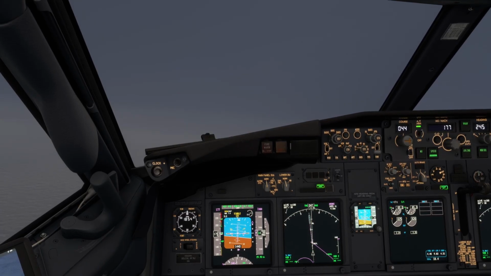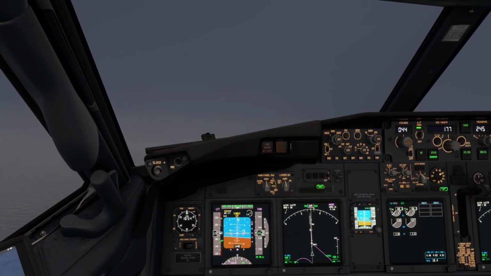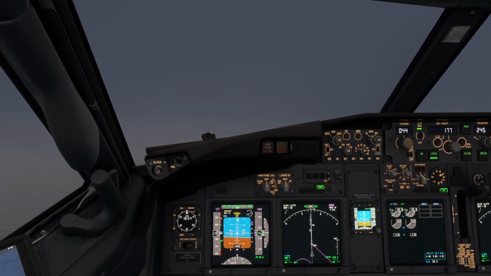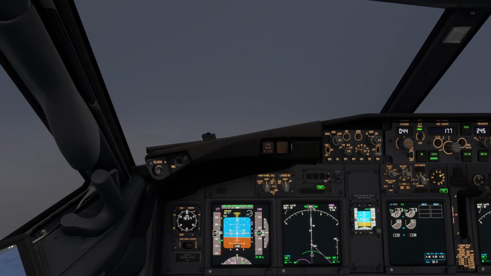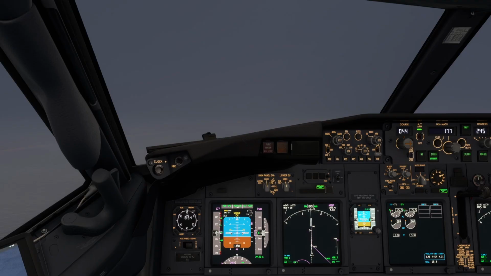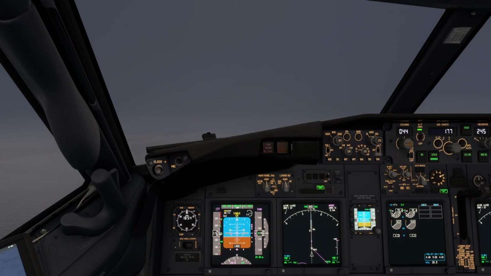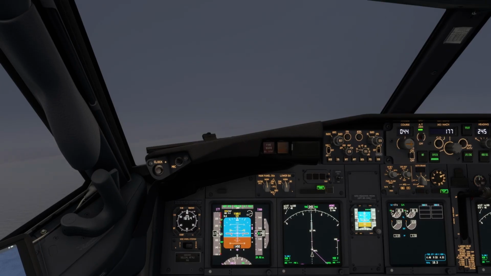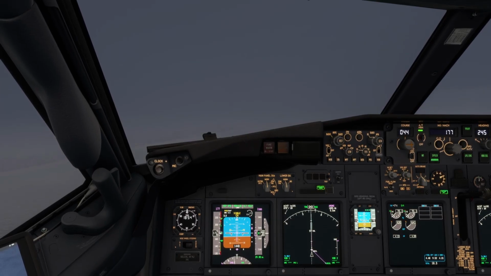This is considered a Category 1 approach because it's just to 200 feet. Category 2 approaches, I believe, go down to like 150 feet minimums. Category 3, there are 3 categories of Category 3 approaches, 1, 2, and 3. I believe they go down to like 100. What did I say? I said 150 for Category 2. It's like 150 and then Cat 3C is like 0 visibility, which I don't think there are even any of those types of approaches in the United States that are authorized for total 0 visibility. That's just not a good day to go flying.